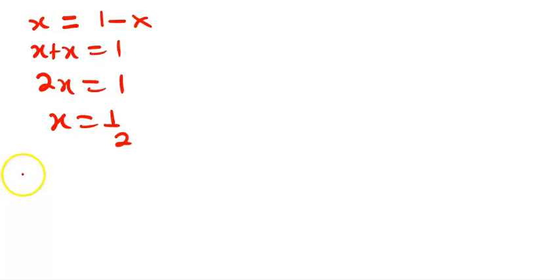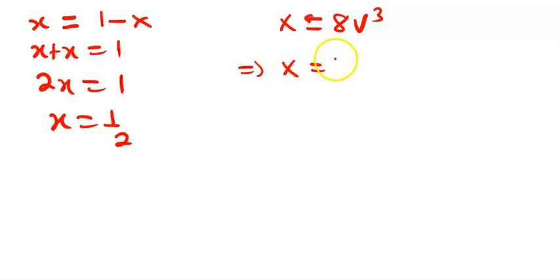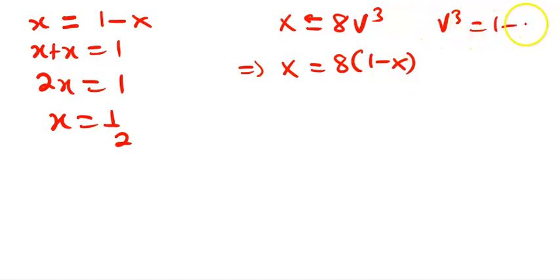So the second part, x is equal to 8v cube. v cube is 1 minus x. This implies that x is equal to 8 times 1 minus x, since v cube is equal to 1 minus x from the substitution.